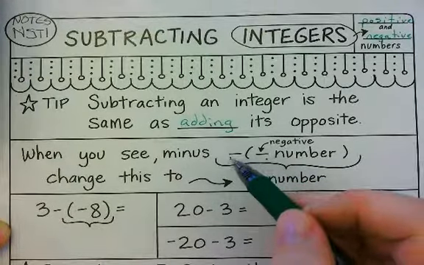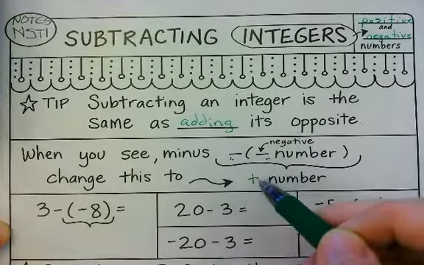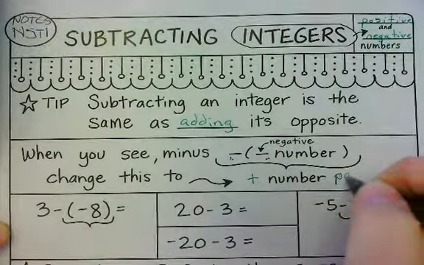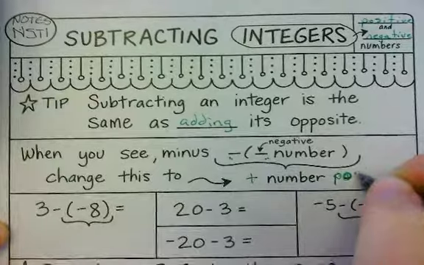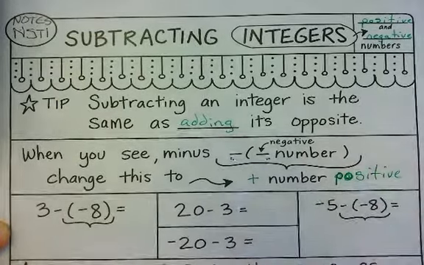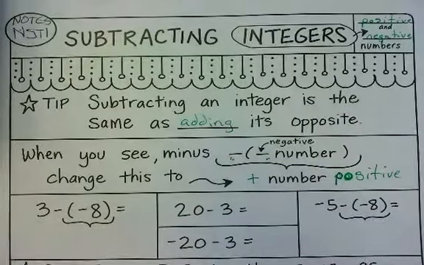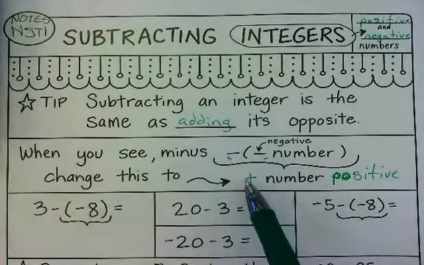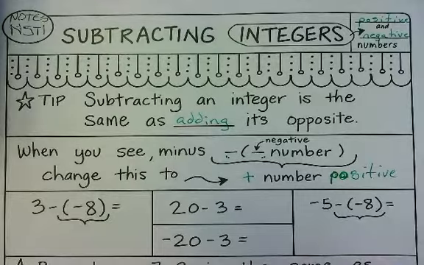Because if I'm subtracting a negative, I'm actually just adding a positive. So again, instead of subtracting a negative, we add a positive.